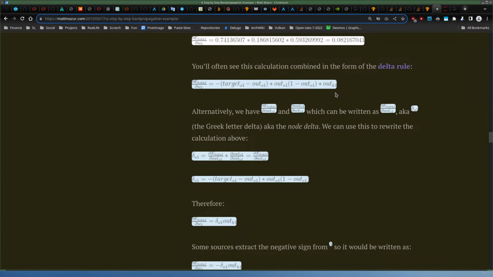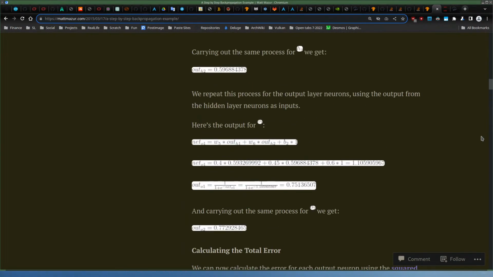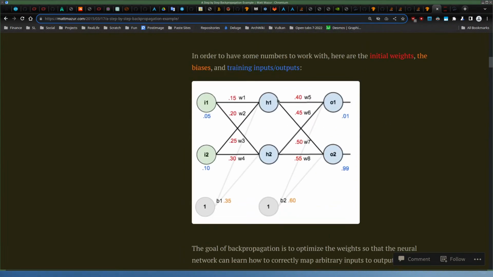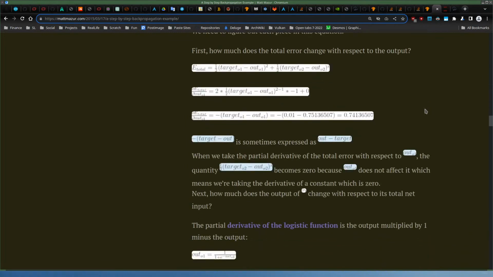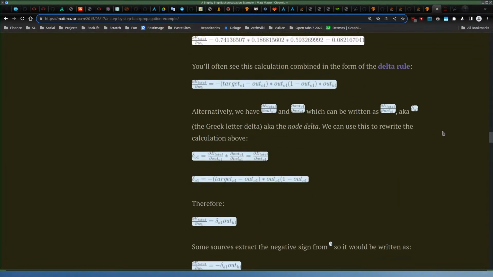Well, I have no idea what this is called. Out H1. So the output of the previous layer. So it's kind of the input, right? H1. We are here a little bit above the half. H1. But I think I already established this.